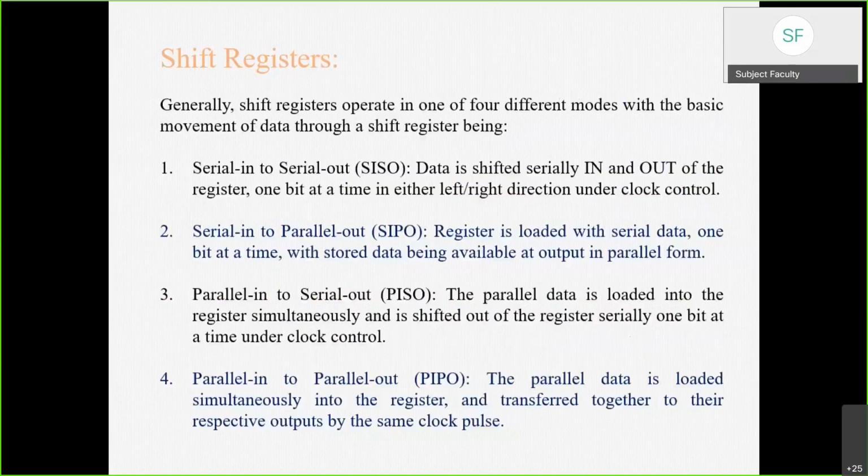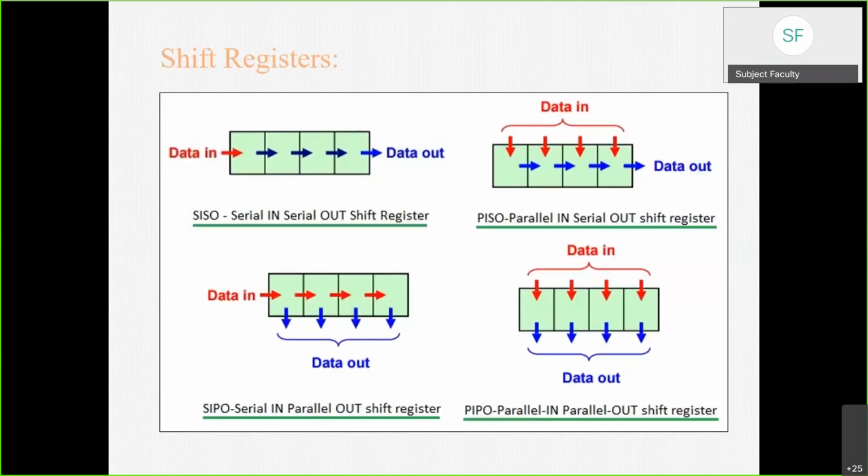Now again, these four types are important. Whether you are feeding your input serially or parallelly, and whether you are collecting your output serially or parallelly, depending on that, four different types of shift registers can be formed: serial in, serial out; serial in, parallel out; parallel in, serial out; parallel in, parallel out.